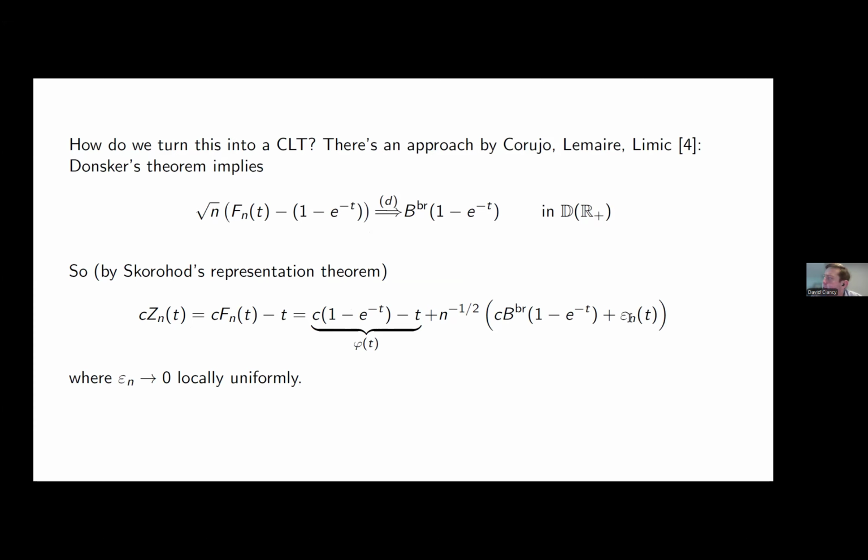And in fact, the KMT theorem tells us under some coupling exactly how big this error is. It's, I believe, log n over n.